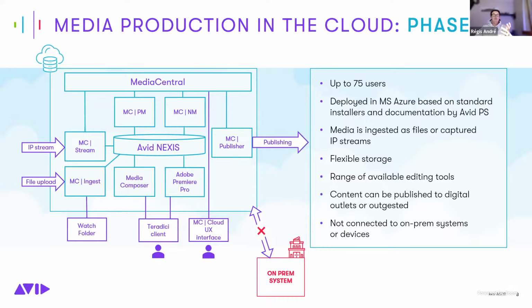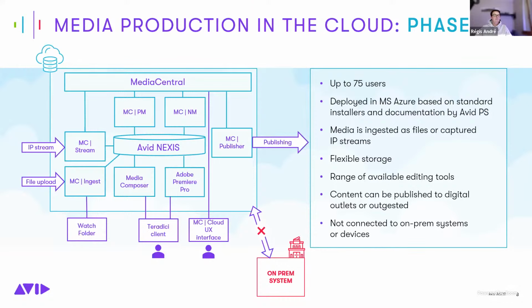The workflow is a simpler production workflow. It enables stream and file ingest, full production using Media Central and Media Composer, as well as file distribution by exports or publication through Media Central Publisher. As you can notice by the big red cross, there is no connection in the system to on-prem systems. So this is very much an island production system in the cloud.